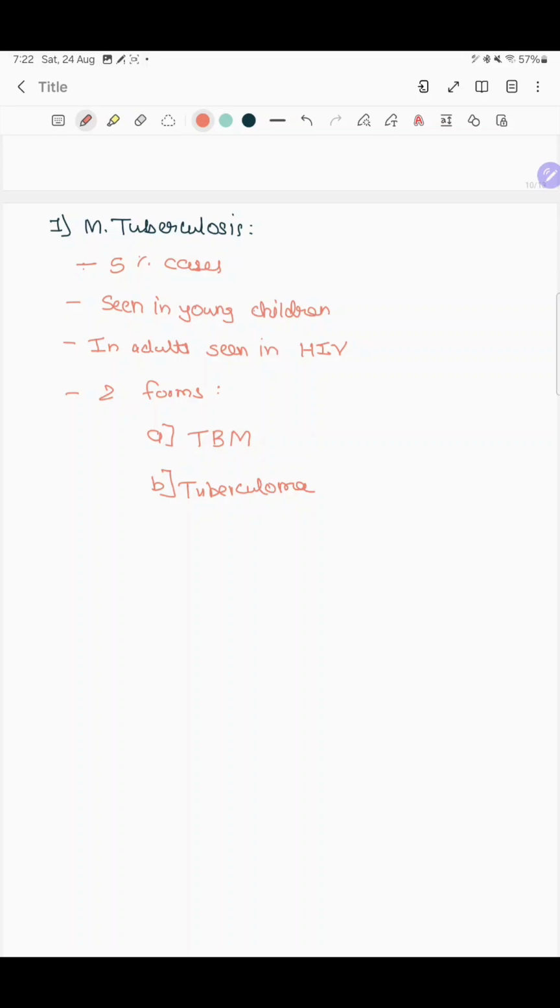So what is tuberculous meningitis? It is seen when there is primary spread of TB. The clinical manifestations are headache, mental changes, low-grade fever, night sweats, anorexia, or irritability.